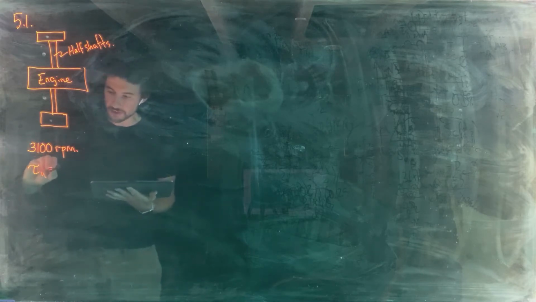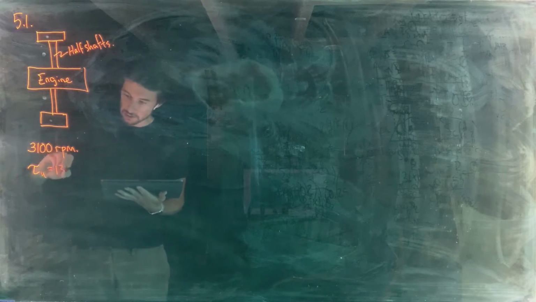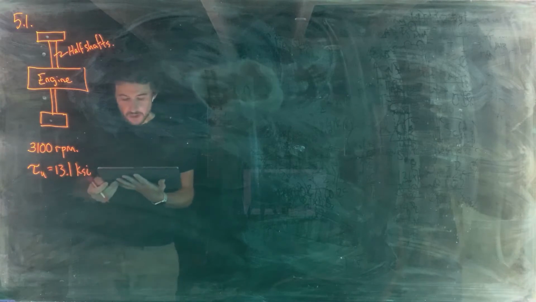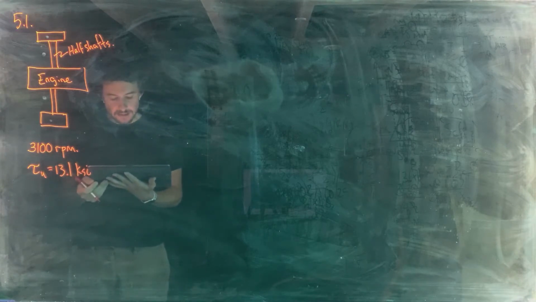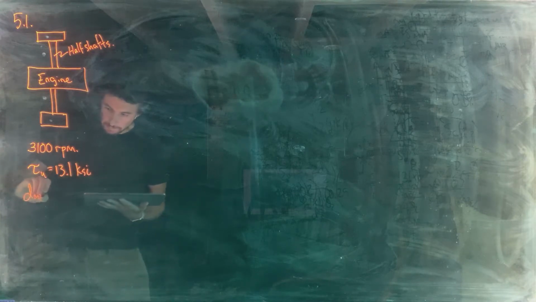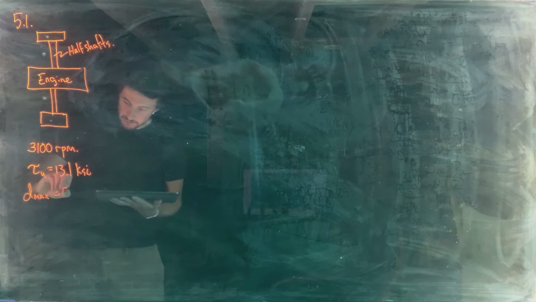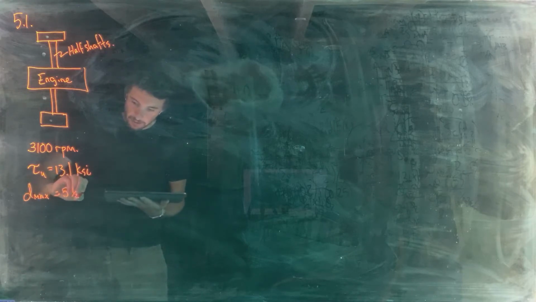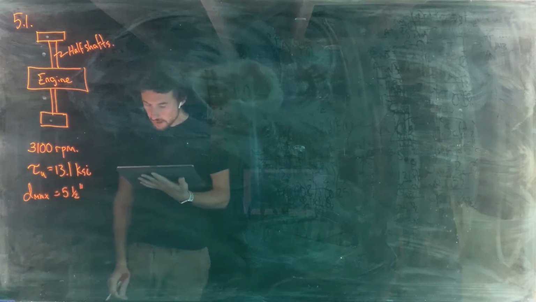So this would be the ultimate strength, 13.1 KSI. So that's our stress limit. The car can accommodate a maximum shaft diameter of 5.5 inches. So that's the maximum diameter of those shafts can be 5.5 inches.